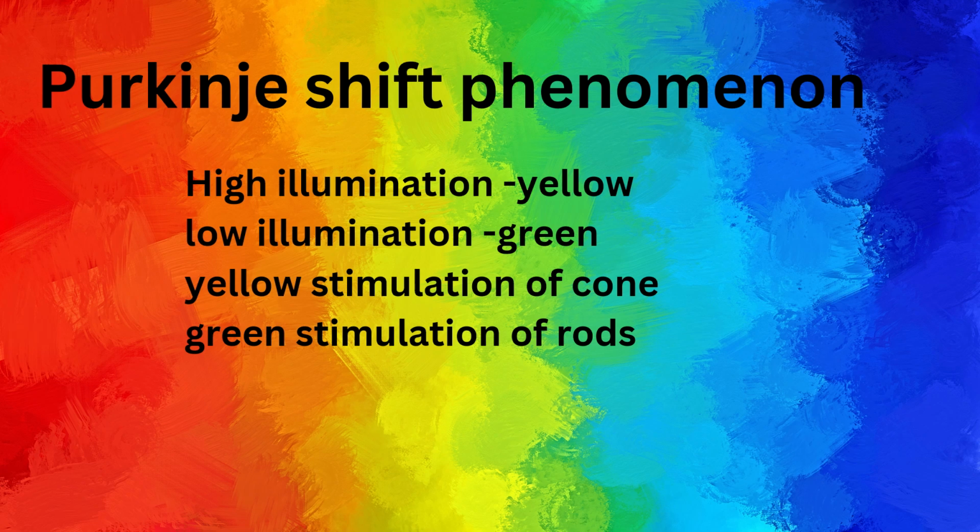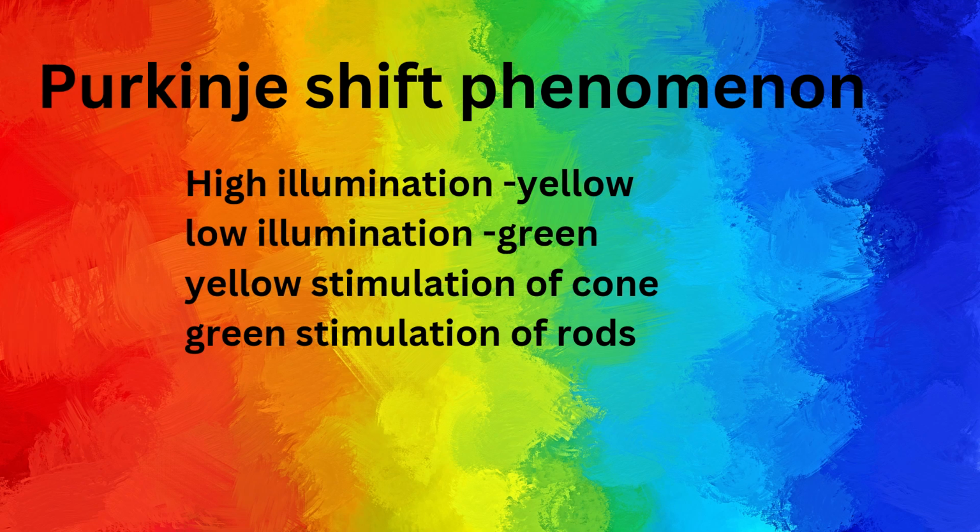Purkinje shift phenomenon is the shift of the brightest part of the spectrum when the intensity of the illumination is changed. When light is passed through glass, it splits into the spectral colors from red to violet.